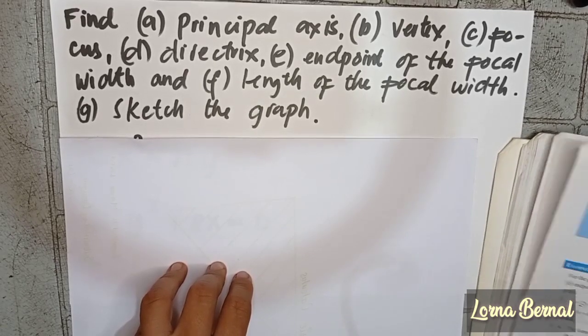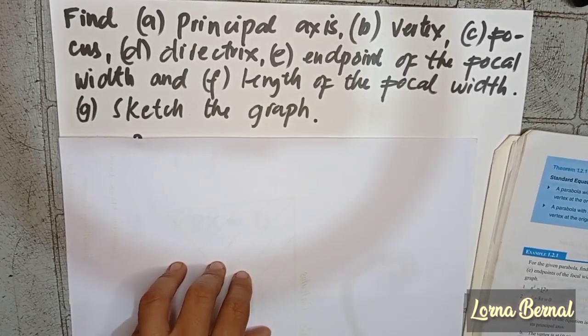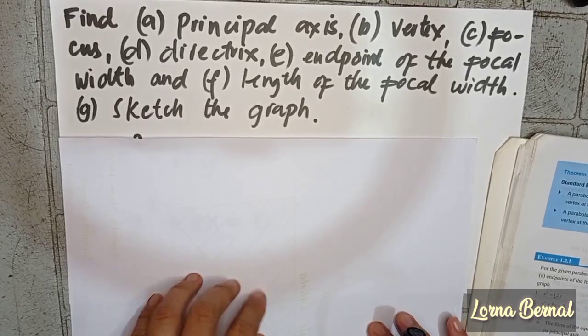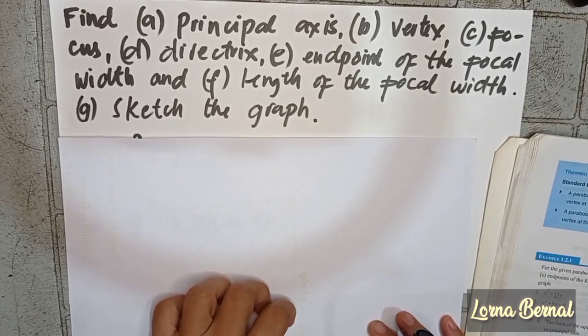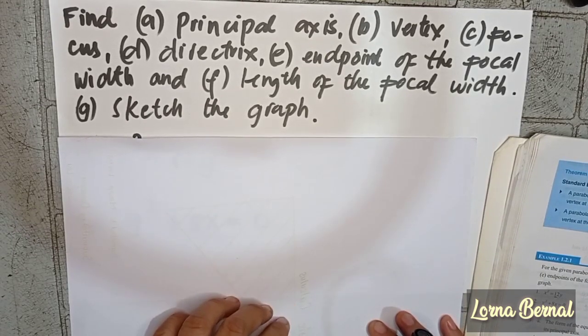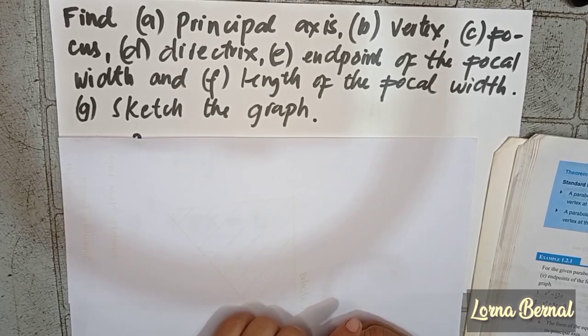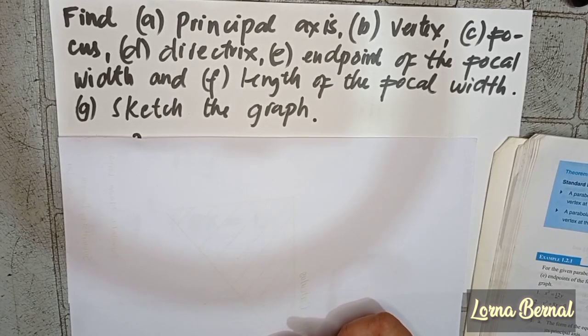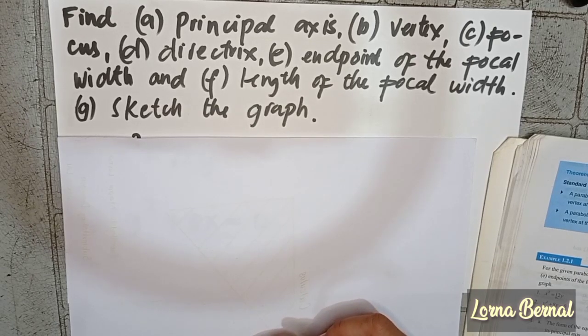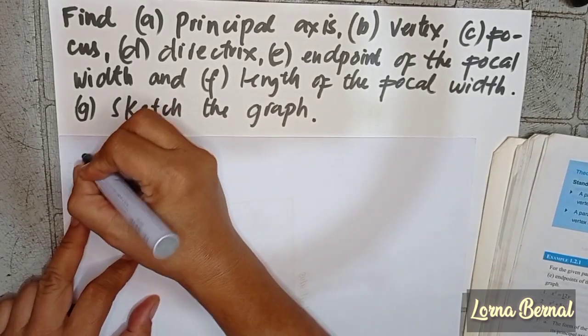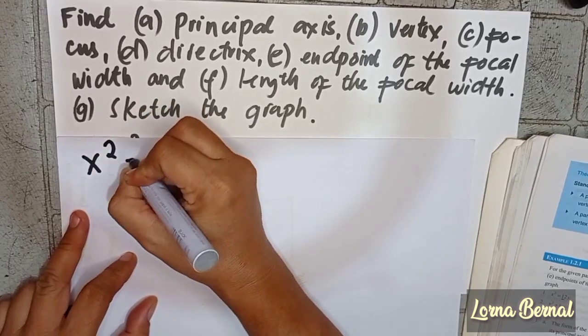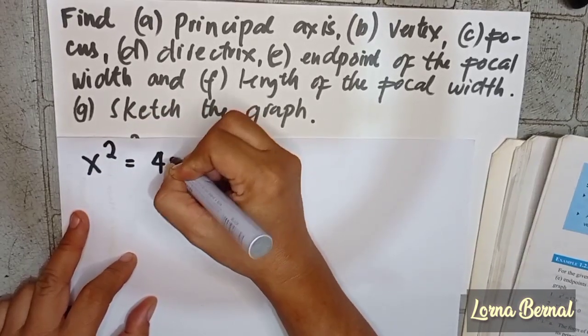So let's try first to discuss the standard equation of a parabola with vertex at the origin. So we will be considering first vertex at the origin. The first thing that we are going to discuss is the parabola with standard equation x squared is equal to 4ay.